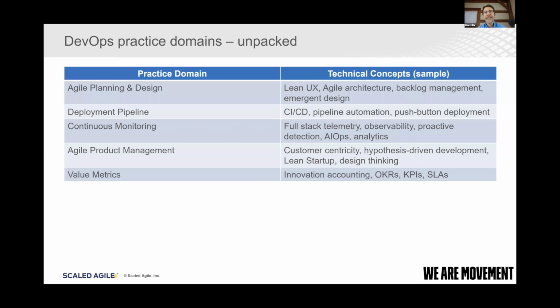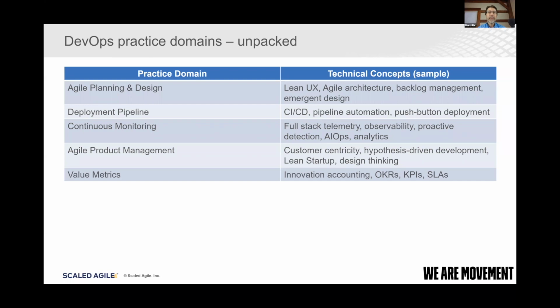Things like agile planning and design. Well, why do we talk about agile planning and design within a DevOps context? Well, it's because concepts like lean user experience and small batches and minimum marketable features and minimum viable products, and shrinking the portfolio or managing the portfolio in a different way so that we're committing to smaller batches, are very important.